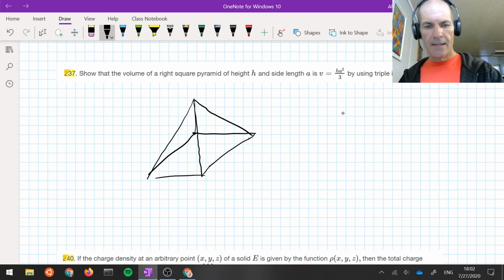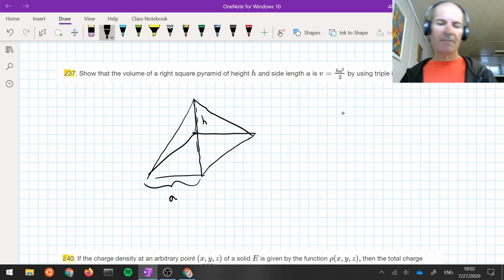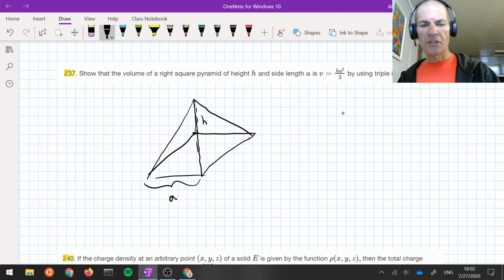Something like that. The height is h and the side length is a. Let's see if we can't turn this into a problem similar to the one that we just explored, except now we have variables instead of numbers.